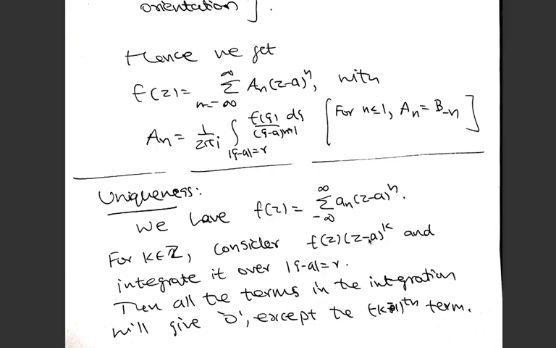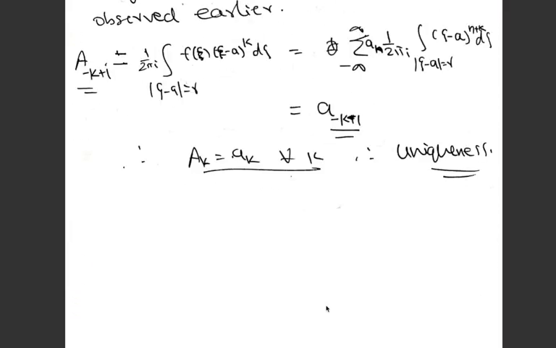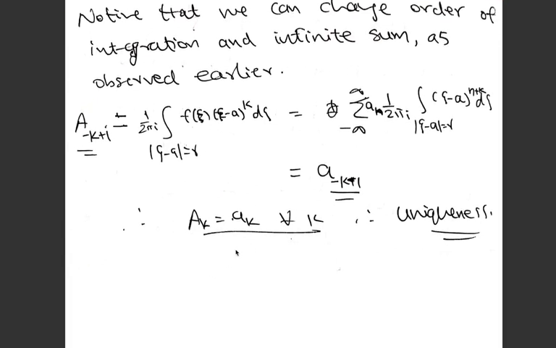You multiply it by (z minus a) to the power k and integrate it over some circle of radius r. All the terms will cancel, you will get 0, except the minus k minus 1th term, and that will be your a_k. That will coincide with this. So a_k equals the small a_k, and we have uniqueness.